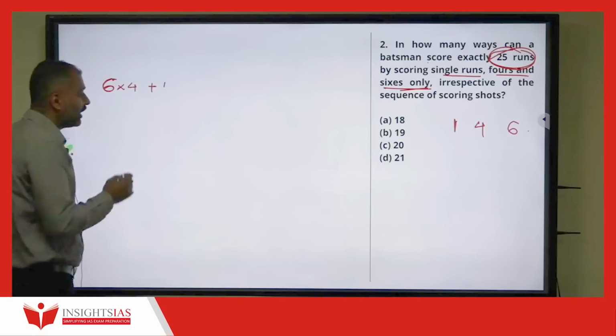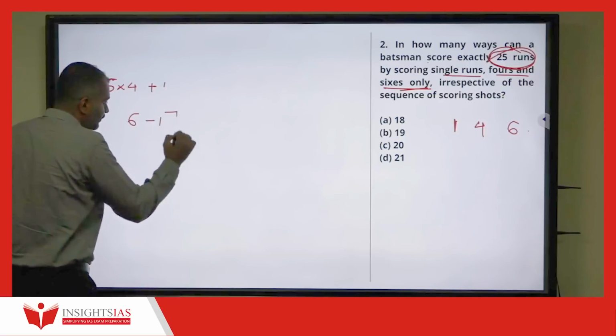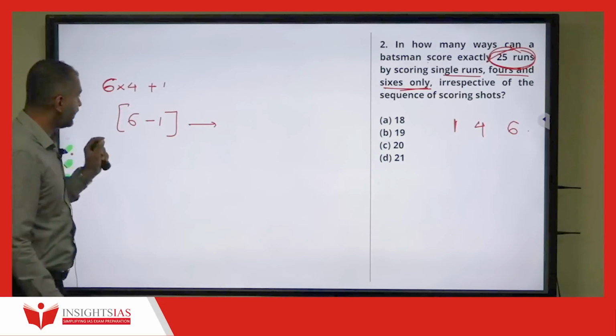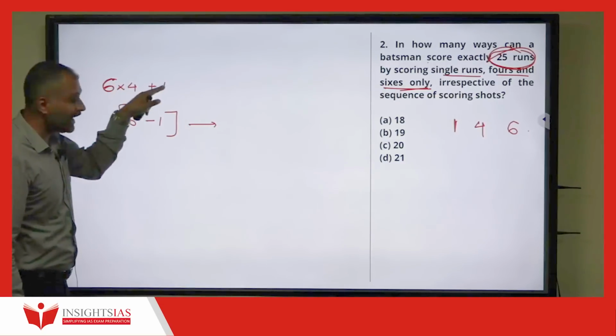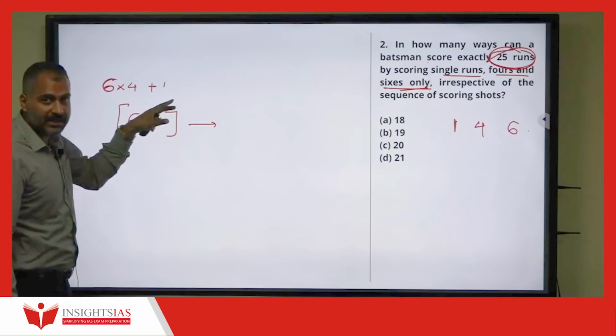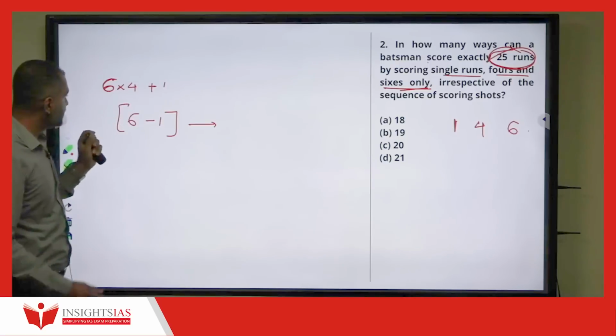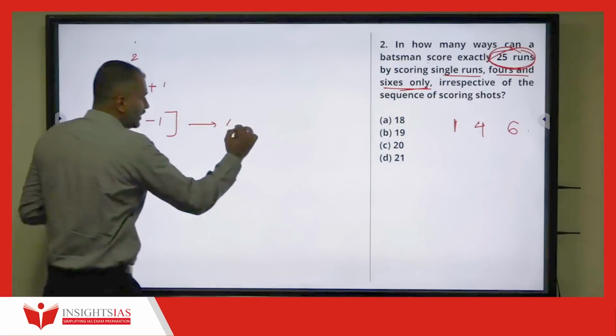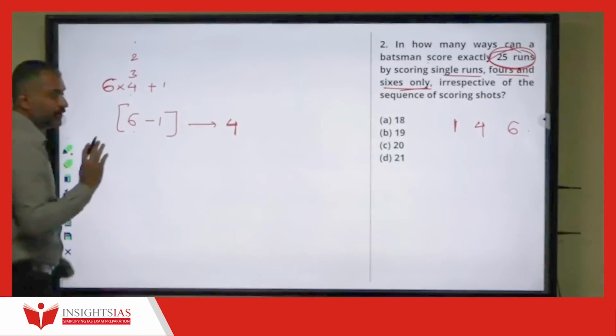So I am taking a combination of 6 and 1. 6 into 4, 24 plus 1, again 6 into 3, that is 18, and again singles, 6 into 2, 6 into 1 and again singles. So totally 6 into 4, 3, 2, 1, which is 4 such combinations of 6 and 1.